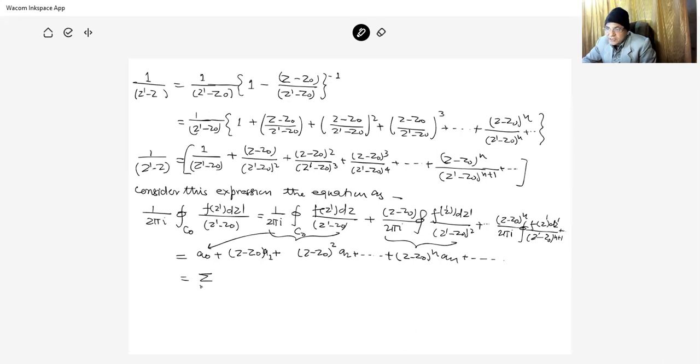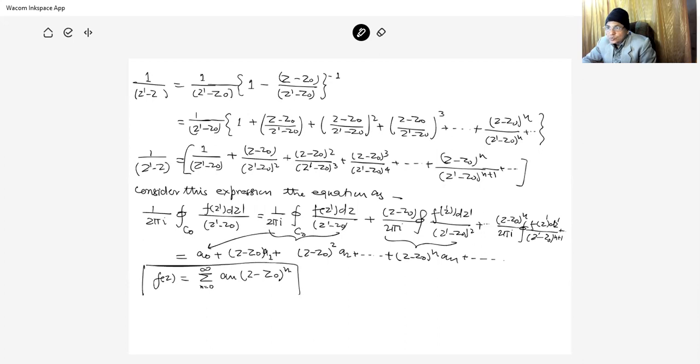This is the summation, n equal to 0 to infinity, of an times z minus z0 to the power n. This is f of z in case 1.